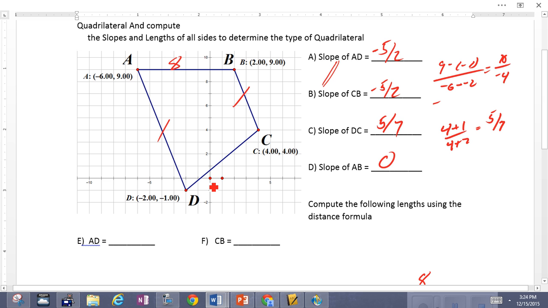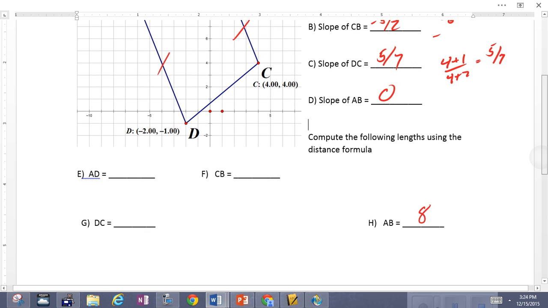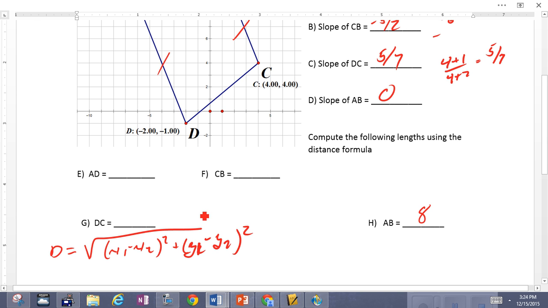So let's compute our distances here. AB I already have. Let me do DC since that's the one which I suspect might be equal. So the DC distance, don't forget the distance formula: the square root of x1 minus x2 quantity squared plus y1 minus y2 quantity squared. I'm going to erase it because you need to remember it.